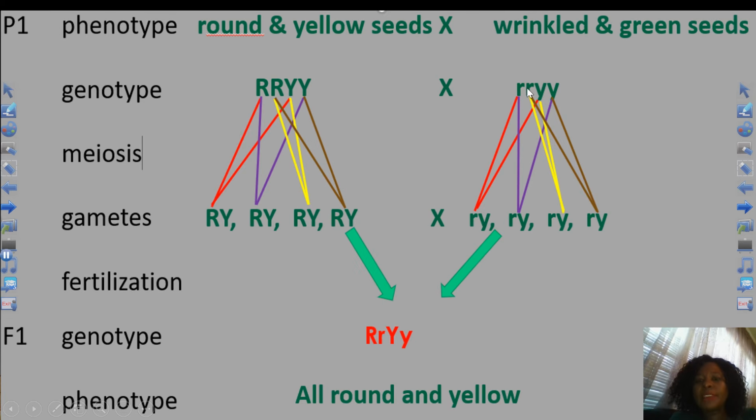Then the second small r can combine with the first small y to give us again another small r, small y gamete. And finally, the second small r can combine with the second small y to give us small r and small y in the gamete. All of these gametes are the same.